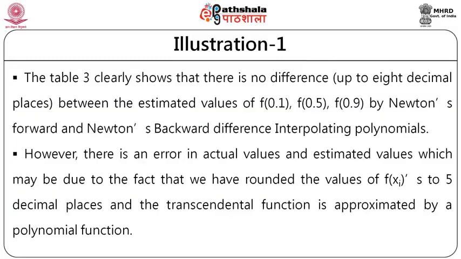So, table 3 clearly shows that there is no difference up to 8 decimal places between the estimated values of f(0.1), f(0.5), f(0.9) by Newton's forward and Newton's backward difference interpolating polynomial.